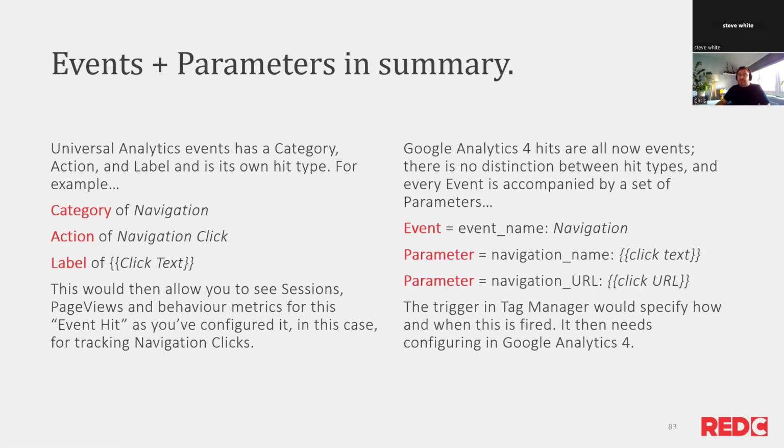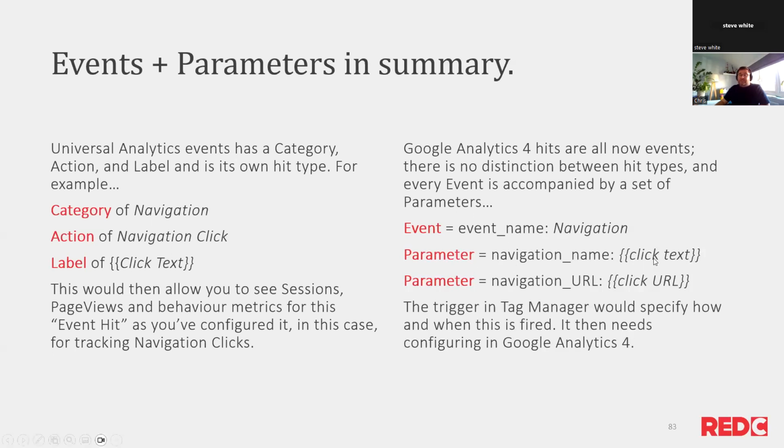If you need help with events or working them out, what we do recommend is you create an Excel sheet. Very basic, I know, it's not glamorous, but if you specify your URL there, specify your parameters, the parameters can be reused. So navigation name may be something that's used for a header. If I had a header navigation event, it could also be used for a footer navigation event.